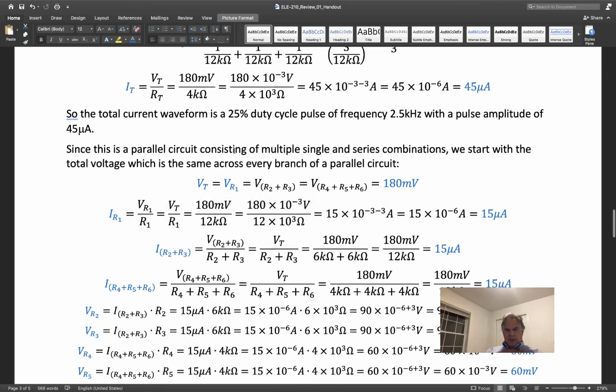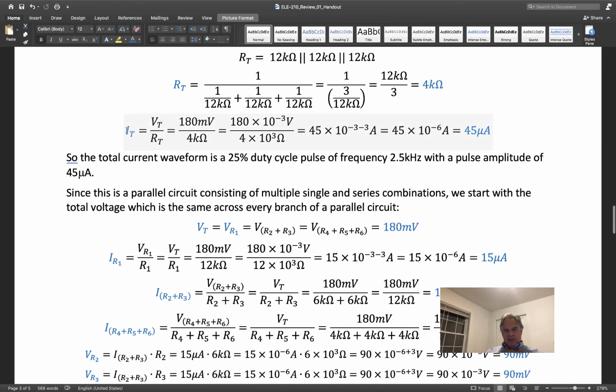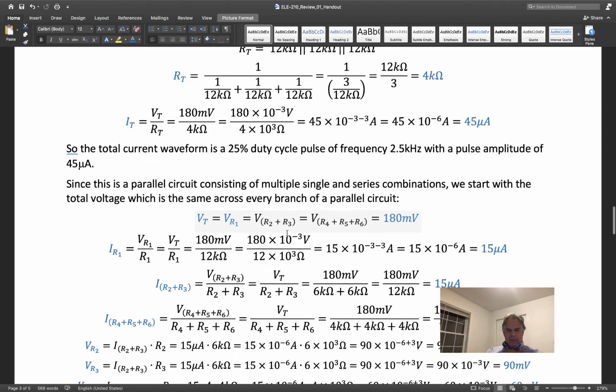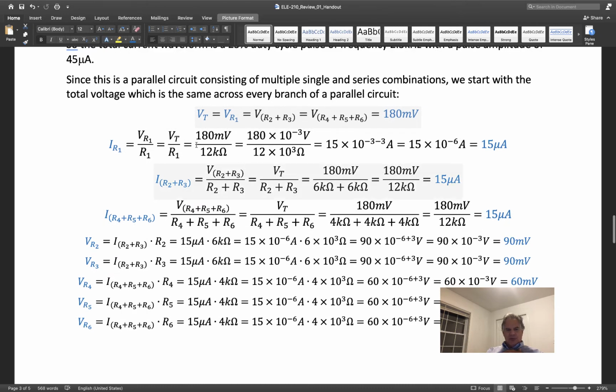So we computed the current here. I total equals 45 microamps. And now we're using this voltage. The first resistor, R1, is 12K. So to find IR1, the voltage across R1 is the same as the total voltage. Here's one of those statements again.